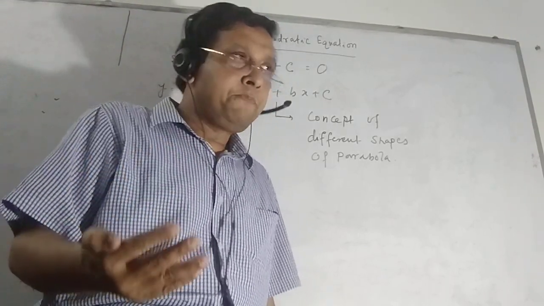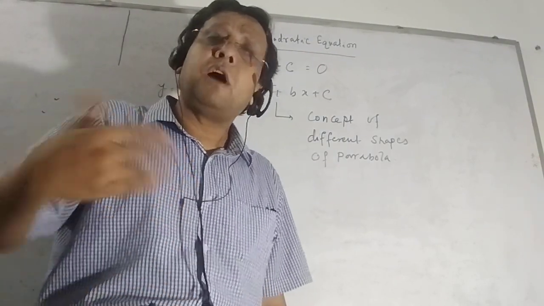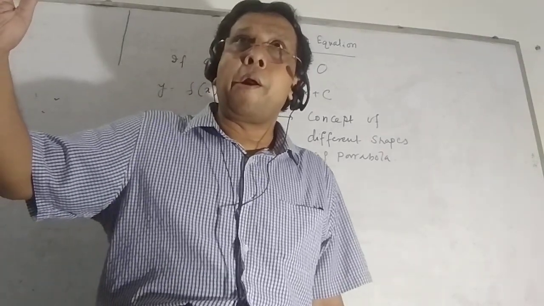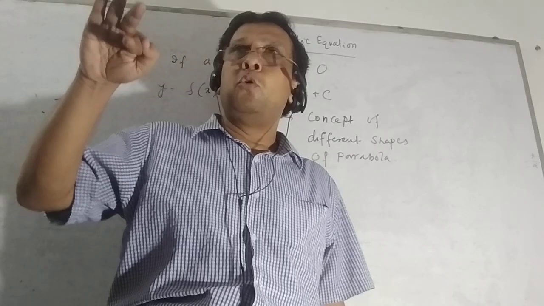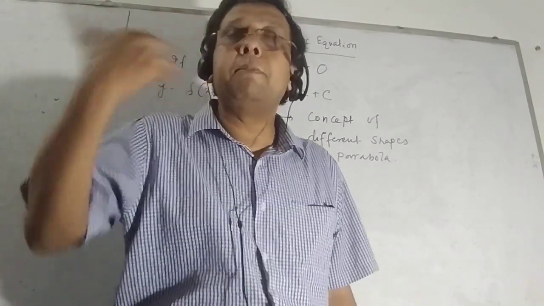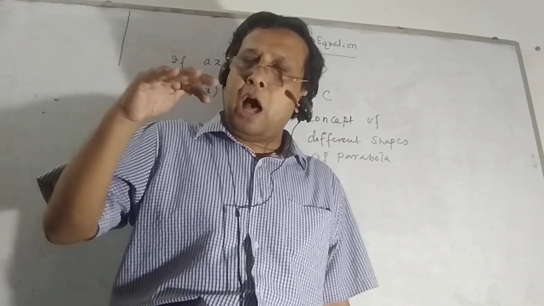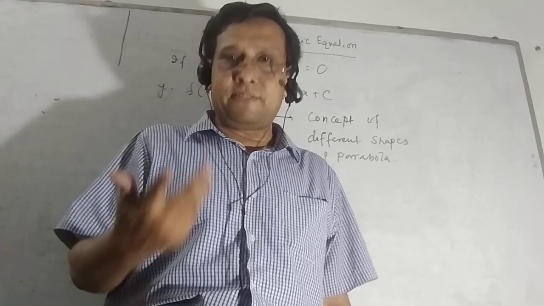Can this parabola intersect the x-axis? Or the third question is, can this parabola intersect the y-axis? Or if the parabola is U-shaped, what is its minimum point? Or if the parabola is U-shaped, is it of positive sign? So all these questions arise.